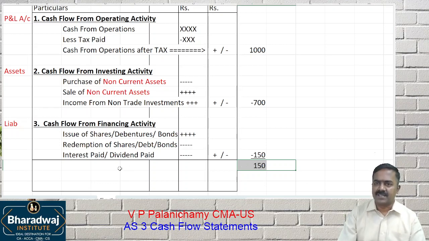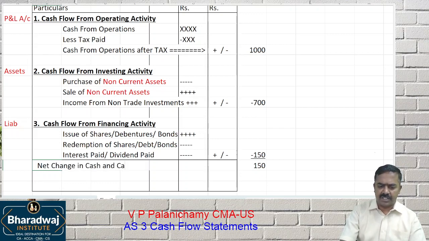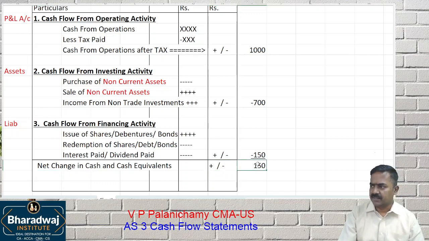an increase in cash and bank balances. So the net answer will be the net change in cash and cash equivalents. Cash and cash equivalents means cash and bank balances. Again, it can be an increase or a decrease. In this example, it is an increase in cash balance. Suppose you would have spent about 900 crores over here: 1000 minus 900 minus 150, what would have happened?